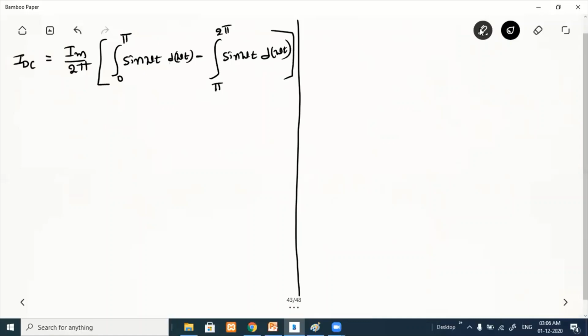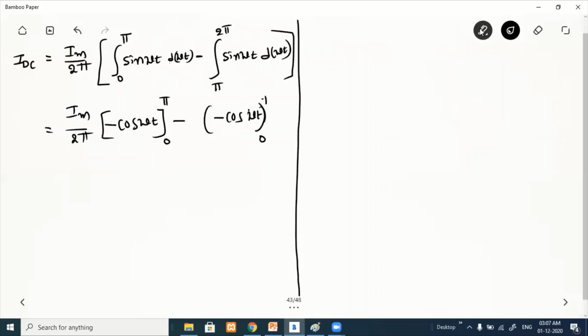Then integrate: Im by 2 pi into integral sin omega t, it is minus cos omega t with limits 0 to pi, minus of minus cos omega t with limits pi to 2 pi.